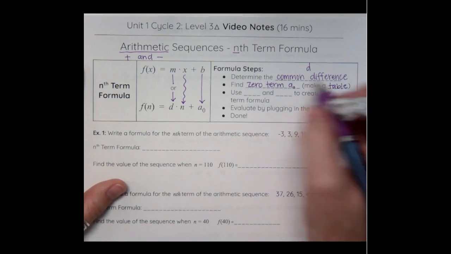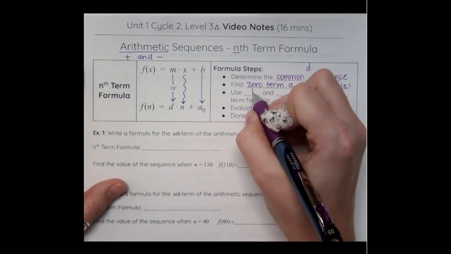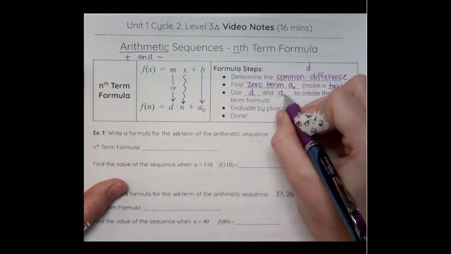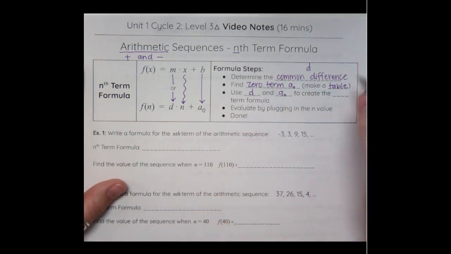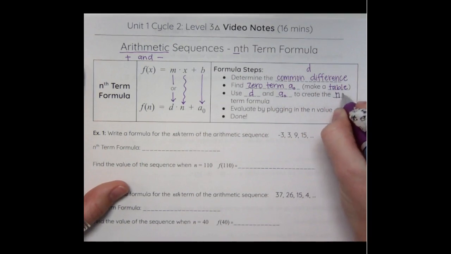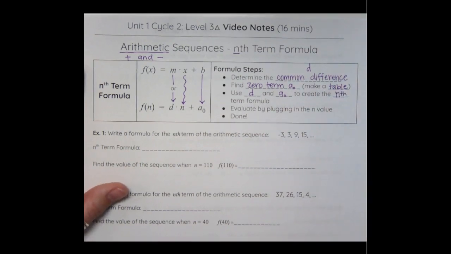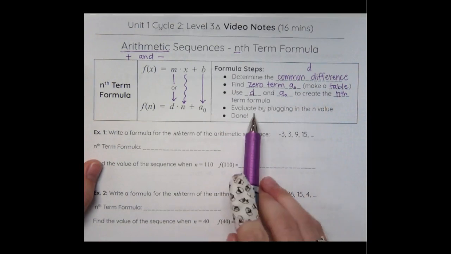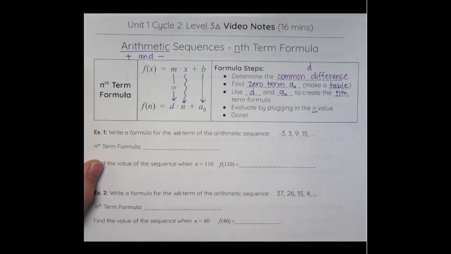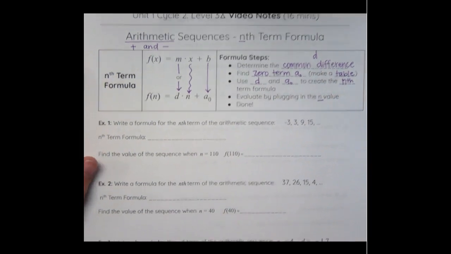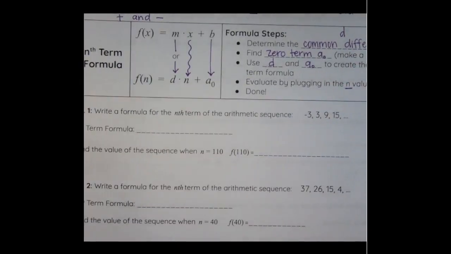The next step, we're going to take those two pieces, the common difference and the 0 term, to create the nth term formula. We're going to evaluate by plugging in the n value, which will make sense in just a minute, and then we're finished.